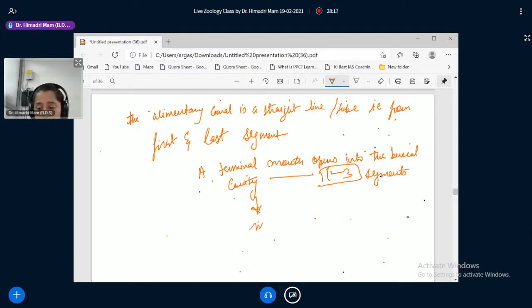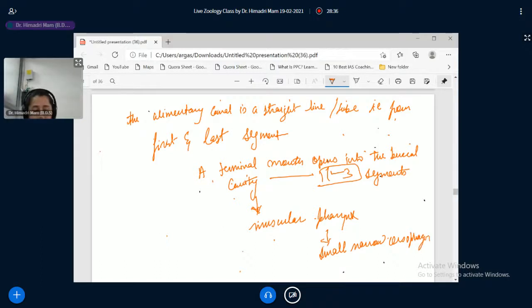Then we have the muscular pharynx, a small, narrow esophagus. Then we have the 5th to 7th segment.